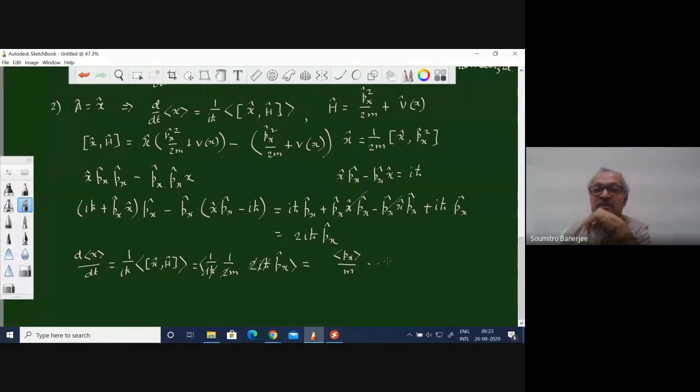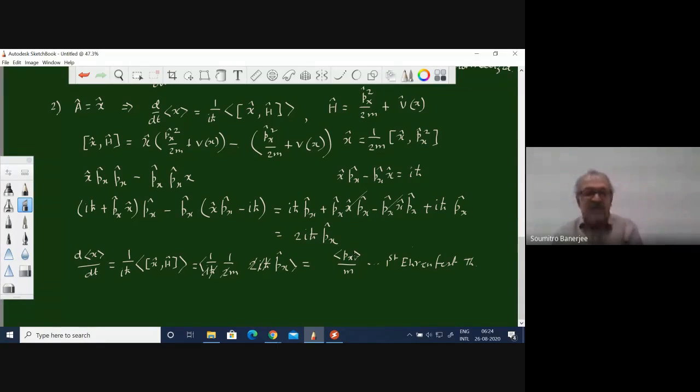It is really the same as the classical result. The classical result is dx/dt equals p by m, and here in quantum mechanics, this is an expectation value. The essential content of the Ehrenfest theorem is that it relates the result of classical mechanics to quantum mechanics.